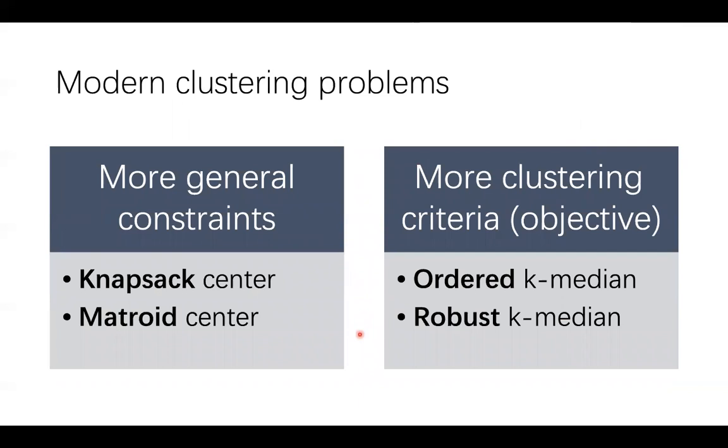Meanwhile, there are also more, quote-unquote, modern clustering problems. Among them, there are usually two approaches we can take. First, we can look at problems where more general constraints are put on the facilities or centers we are choosing, for example, the famous knapsack center problem and the matroid center problem.